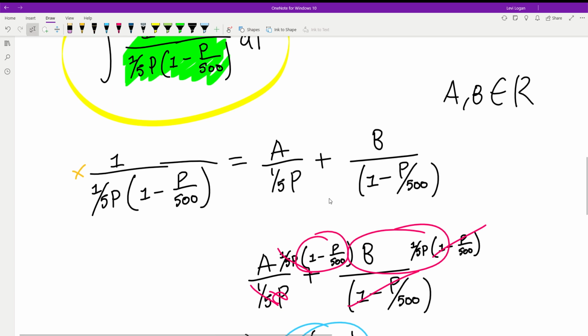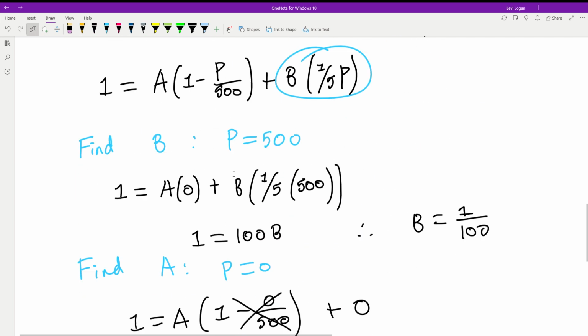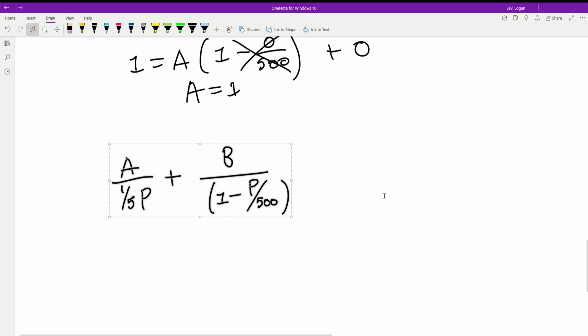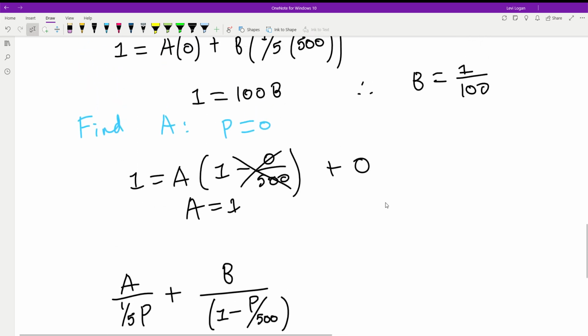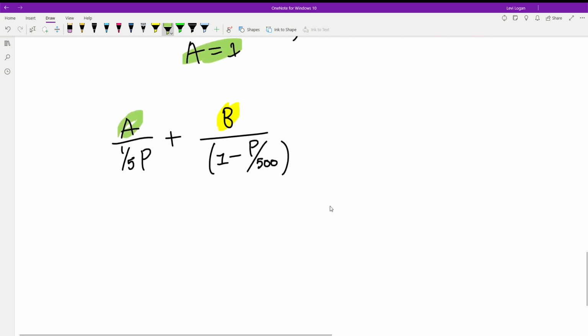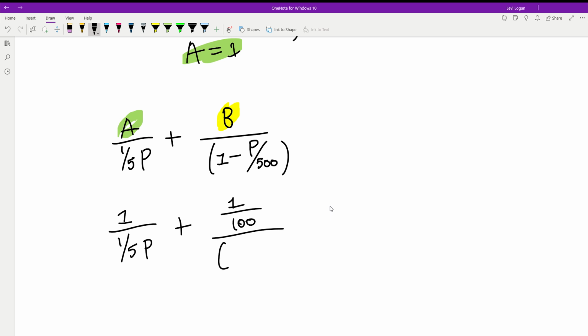So now we know what the partial fractions are. So here, if we just go here, copy that, bring that down, we can fill in the blanks pretty much, okay? So this can go there, and this can go there. Now we can clean this up algebraically before we integrate this. So we have 1 over a fifth of P plus 1 over 100, 1 minus P over 500.